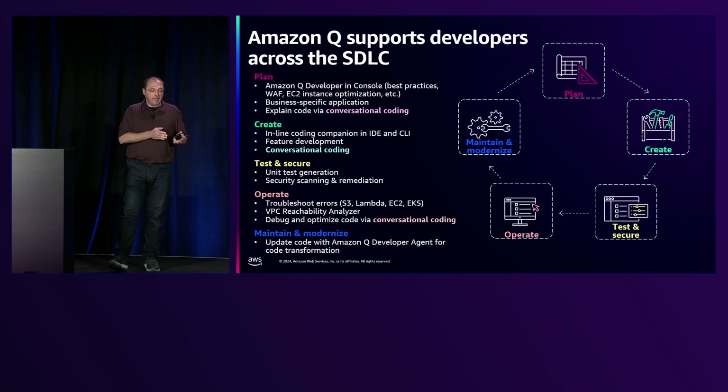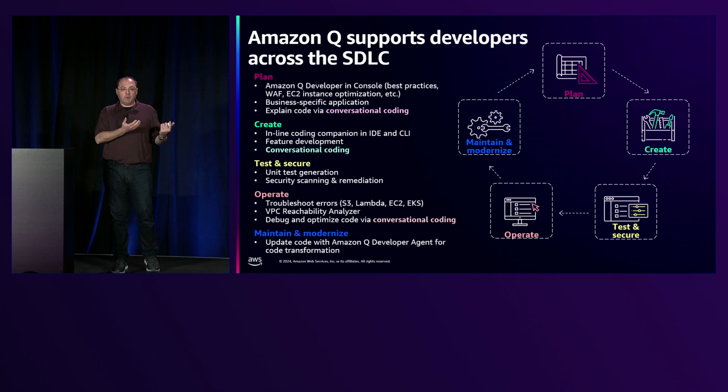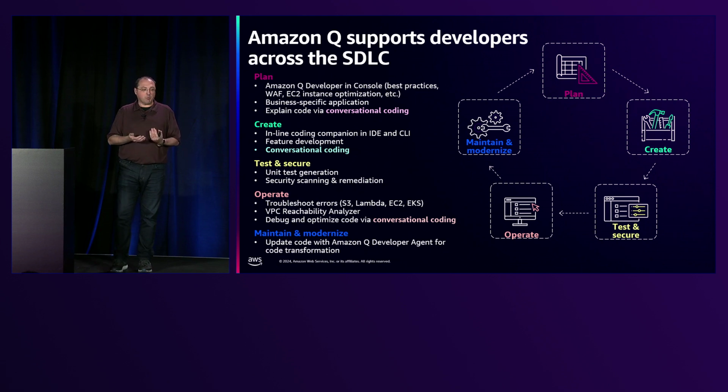So that begins with that planning phase, where Q Developer can come in and you have an understanding of the change that you want to make to the system or the new system that you want to build. We need to be able to architect that with best practices in mind, create our detailed level designs, again, with best practices.